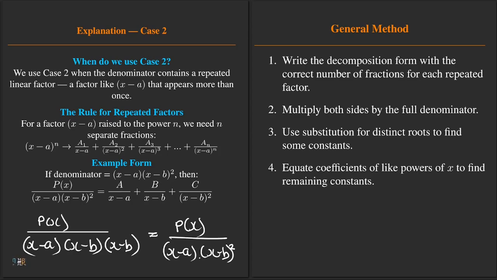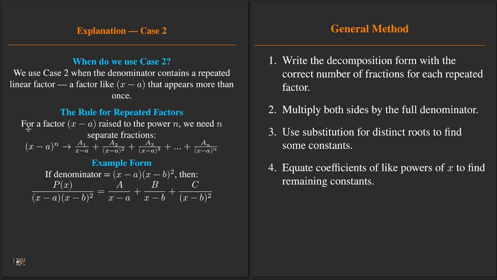So the rule for case 2, or the rule for repeated factors, simply says when you are expanding, your partial fraction should include terms of every power of the repeated factor. What does this mean? Let's say we have x minus a raised to the power 1. When expanding, it should include x minus a to the power 1.